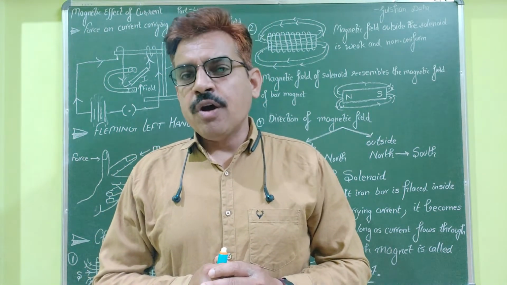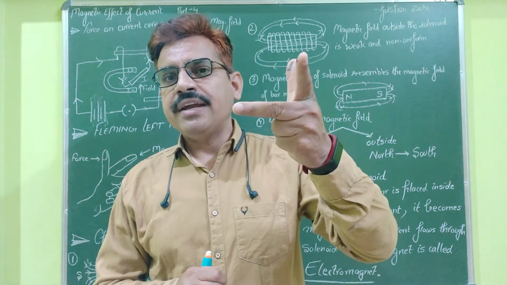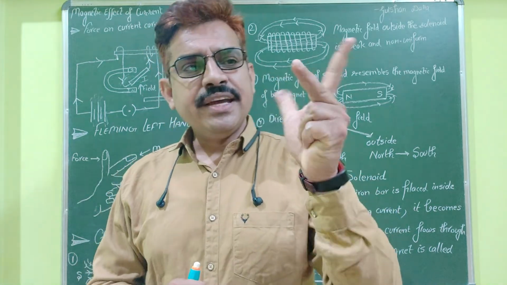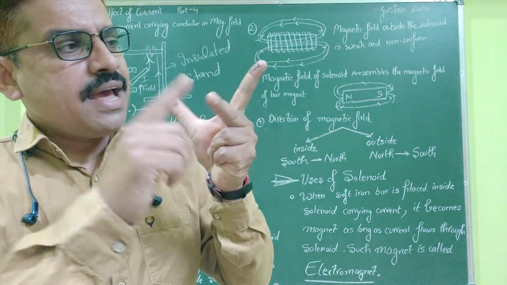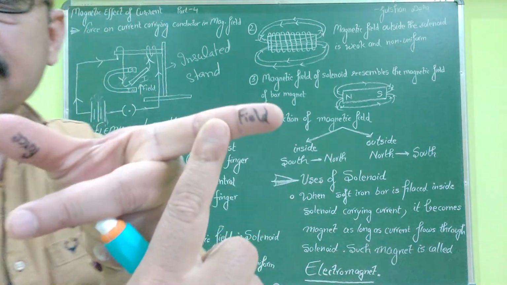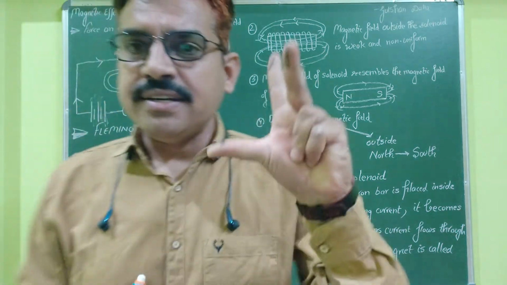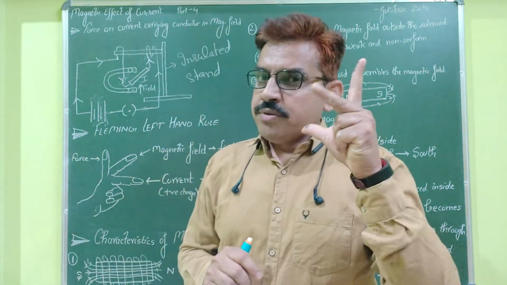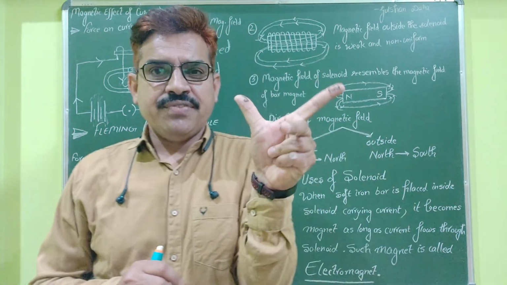Because it is the Fleming left hand rule, we use our left hand. I have written here force, current and field. If you can see it, this is field, this is current and this is force. But before going to the rule, how do I hold these three fingers?